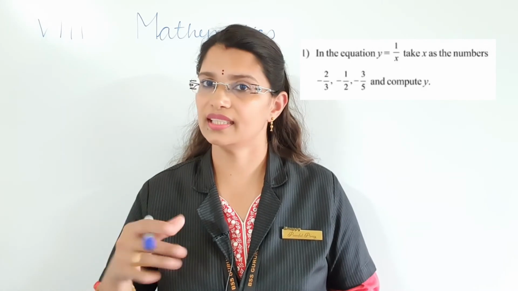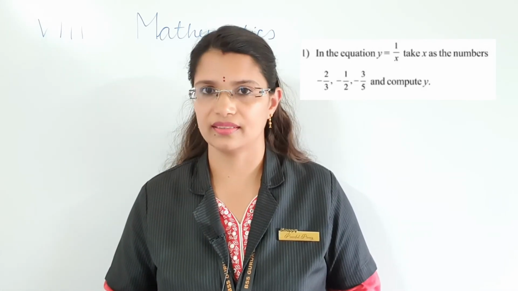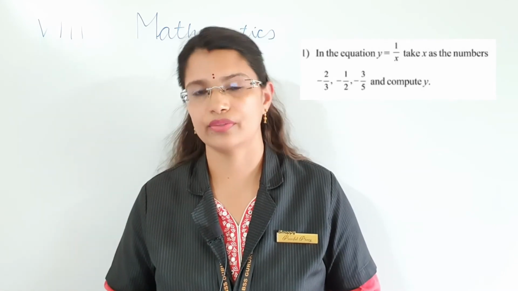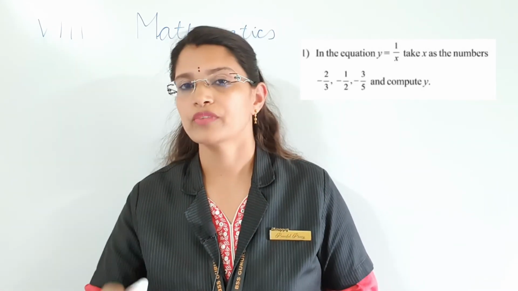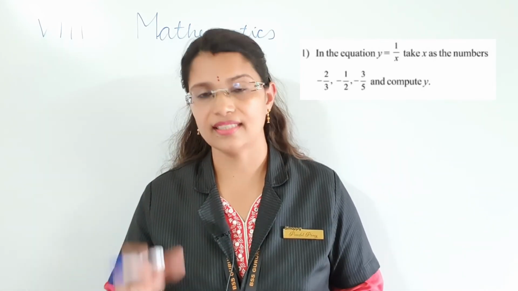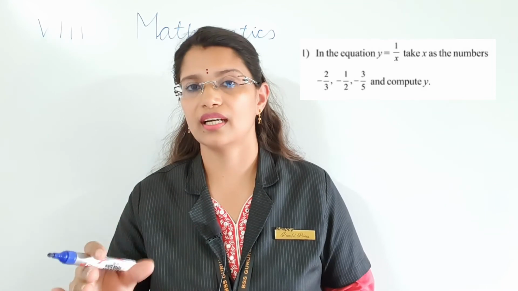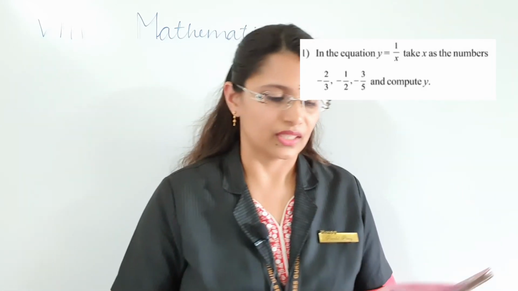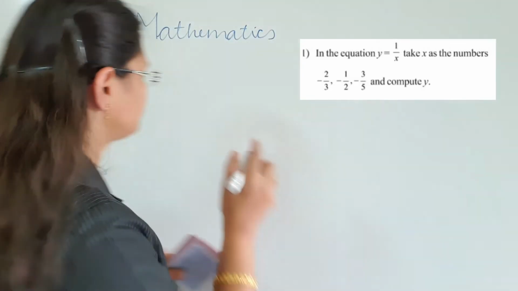You have already learned all this in previous classes. If you are thorough with the addition and subtraction of unlike fractions, this exercise will be very easy. So, before doing this exercise, you practice those. Let us do the first question.